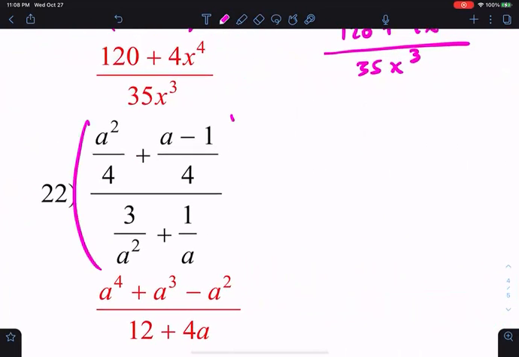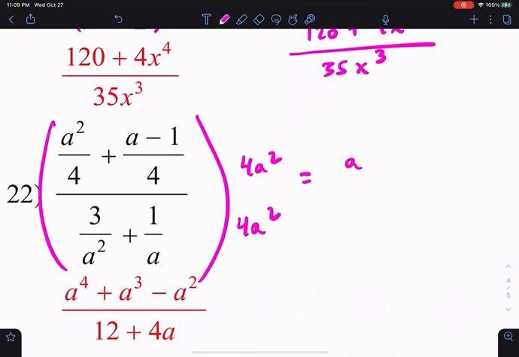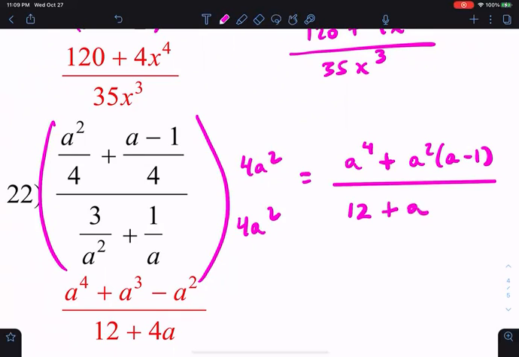Here, the common denominator is going to be, well, you have 4 and you have a squared. So this is going to be 4a squared, top and bottom. So that means that this is a to the 4 plus a squared, a minus 1 over 12, and then this is going to be a, right? So this is going to be equal to 4 plus a cubed minus a squared all over 12 plus a.